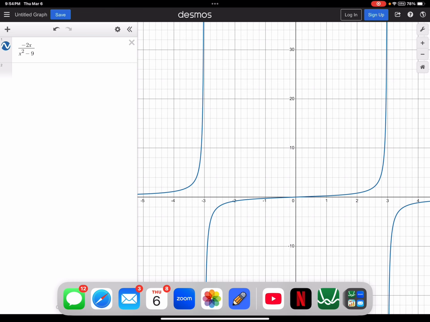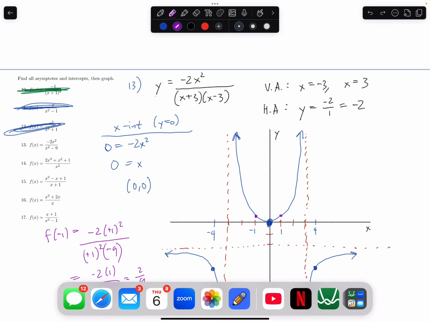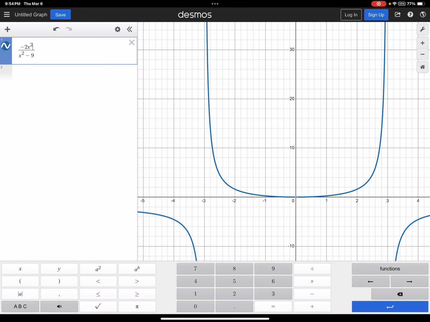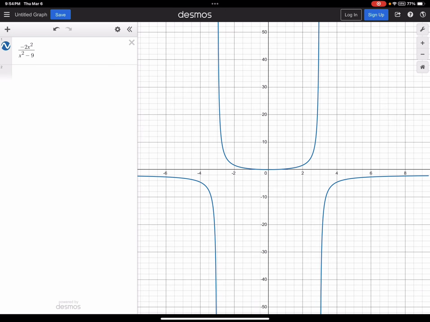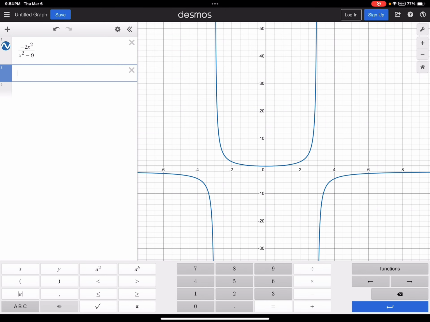Okay, wait a minute. I'm seeing that I was actually wrong here. Negative 2x squared over x squared minus 9. Oops, sorry. Oh, no, wait, I forgot the squared here. Oh, okay, woo! Scared myself for a second there. Yeah, there we go. I was like, oh man, we got to shoot this thing again.